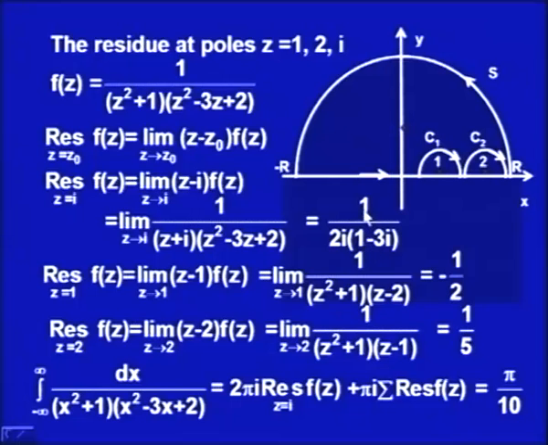So the 3 pi i terms cancel out, and we reach pi upon 10. So we have got the value of this integral, the Cauchy principal value, as pi upon 10.